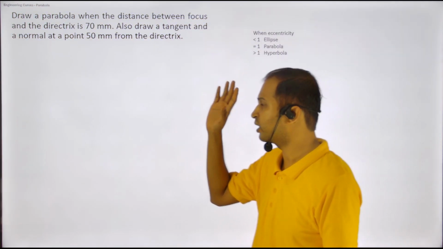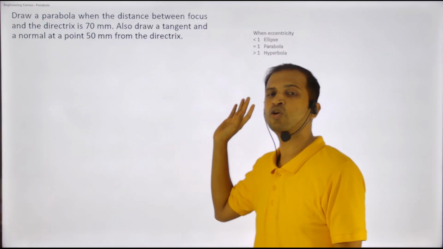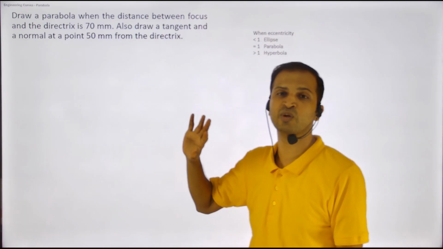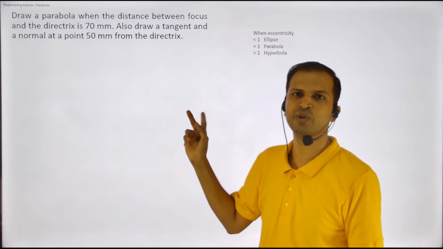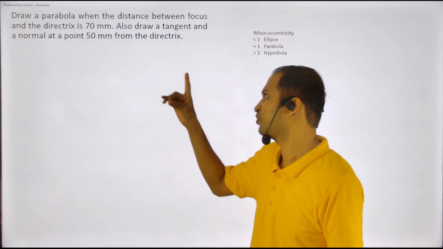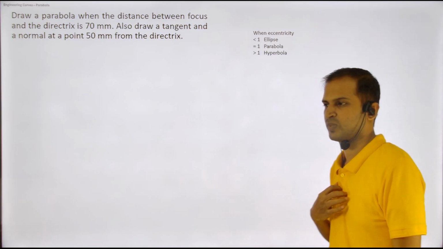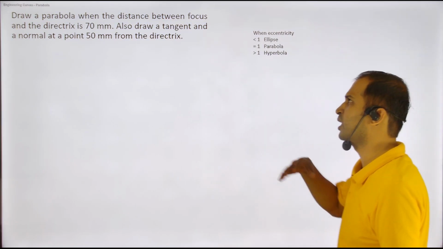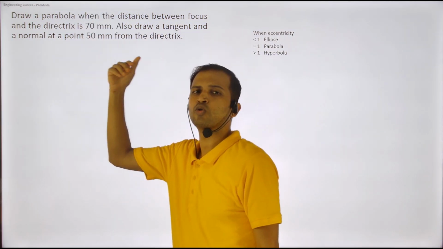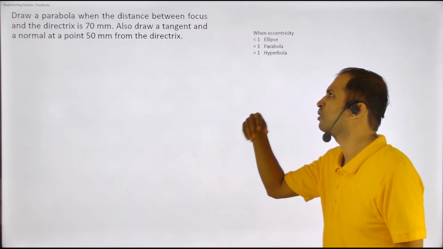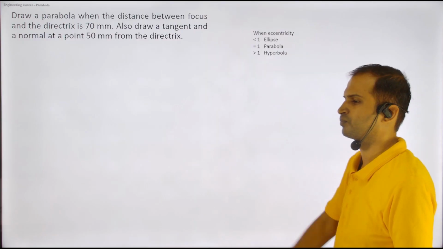If it is given 35, the other half is also going to be 70 minus 35, which is 35. So if I divide both of them, it will be 1. That means the curve I am expected to draw is going to be a parabola. They will not clearly mention it; they will say draw a suitable curve, or sometimes they will say eccentricity is 1.